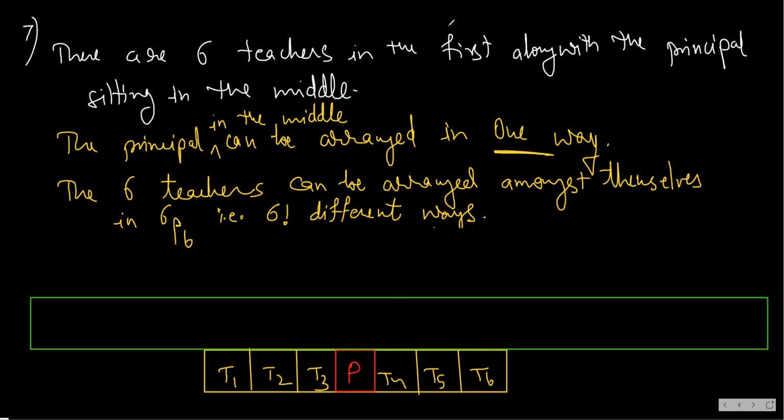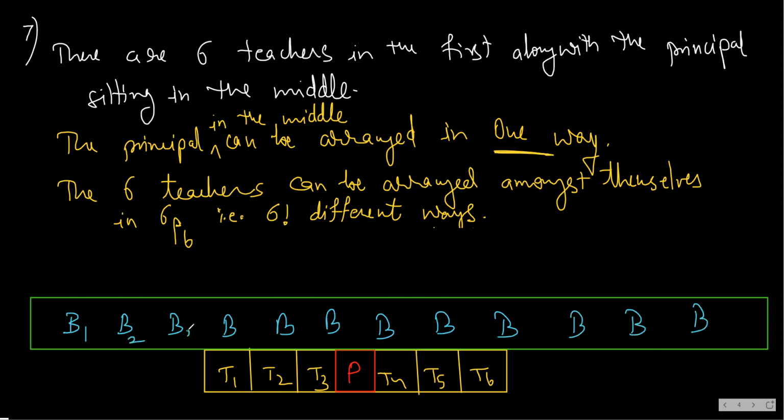I will write, see, 12 boys: B1, B2, B3, B4, B5, B6, B7, B8, B9, B10, B11, B12. I will first arrange these boys amongst themselves.